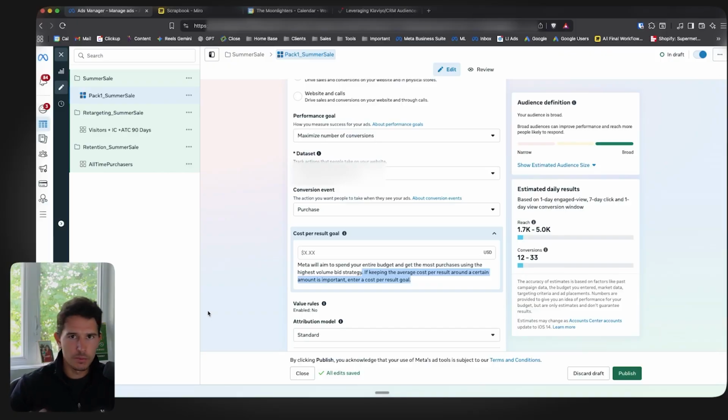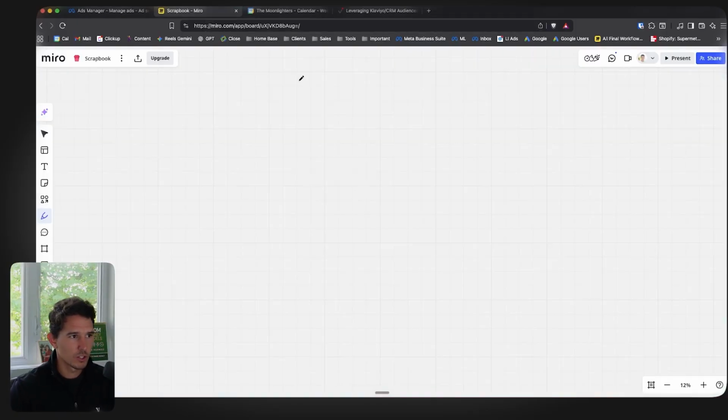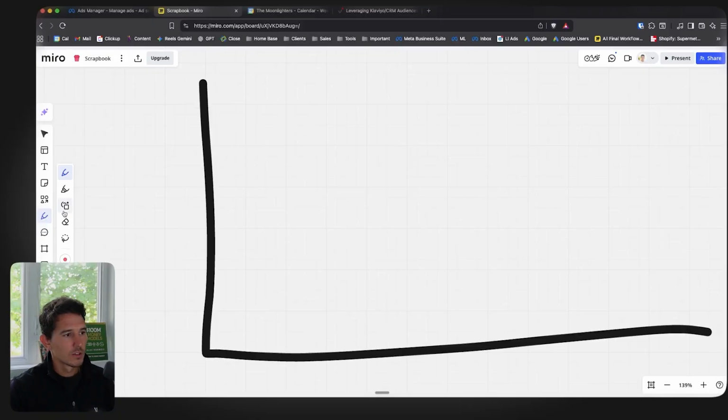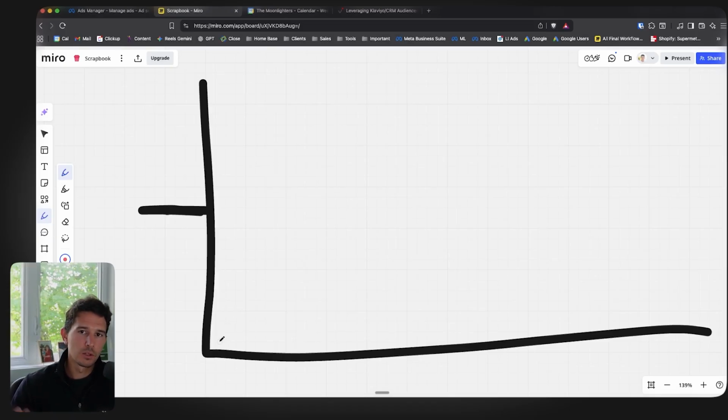Now, the way a cost cap is basically supposed to function, I'll show you guys on a little chart here. So your cost cap set to, let's say, $50, which we're going to say this mark is the $50 mark. What's supposed to happen is on a, not necessarily daily basis, but on a 7-day look back window, the cap is supposed to act as a point where your budget will either reduce or spend in full based on if it's being hit or not.